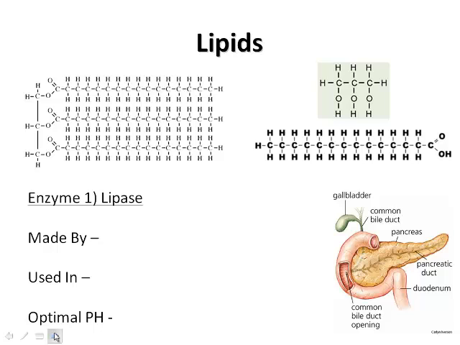Lipids have one enzyme that breaks them down. So we have our lipid, that's this diagram here, and it is going to be broken down into our fatty acid, which is this one, and our glycerol.